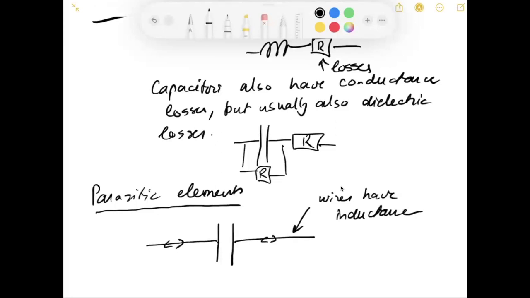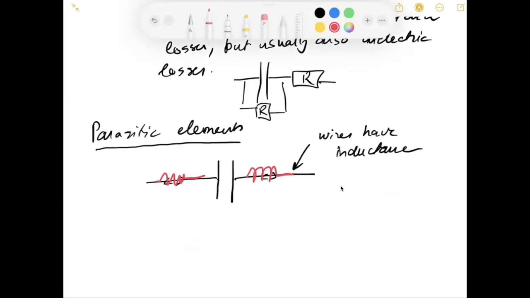So usually you need to start adding an inductance in your model, and you could put it on the input or put it on the output, to capture the fact that these wires will have some kind of a parasitic inductance. And it's a function of the fact that these capacitors have a finite size. And they need to be connected in some kind of a circuit, and you're going to need to use some kind of a wire to connect these circuit elements together, and wires have inductance. So you should include an inductance there.